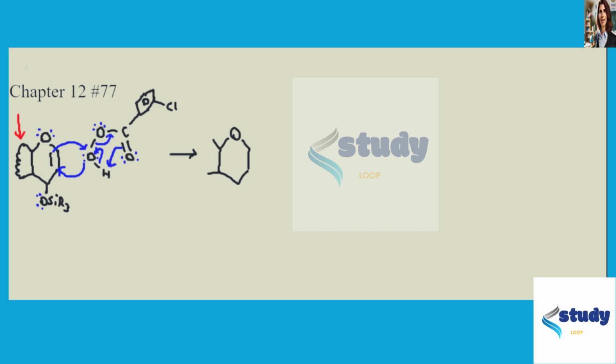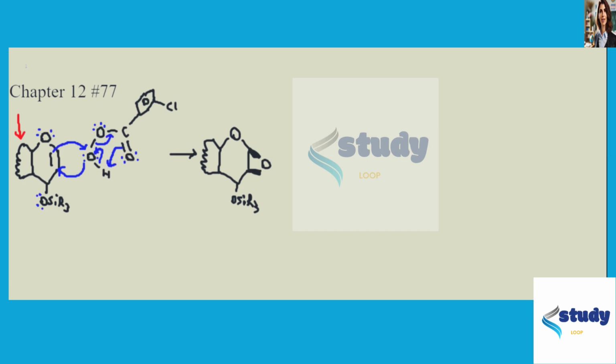Again, I'll use this notation to show that there's other stuff over here that's not participating. We have this silyl group. After the MCPBA epoxidation, we have an epoxide. So there's our epoxide.